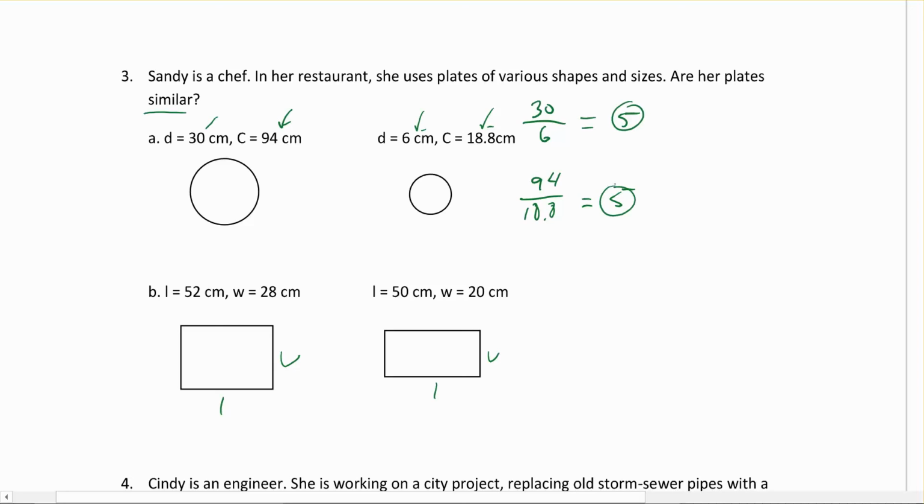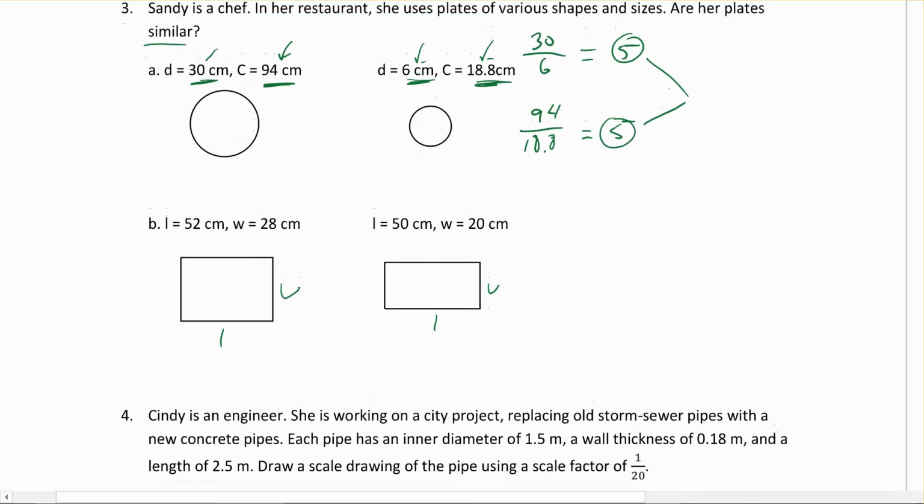And you might ask yourself, but what if I got that backwards? What if I went 6 divided by 30 and 18 divided by 94? Well, that wouldn't matter. You could do that just as well too. The real thing here is whether these two numbers are the same. So they would be different numbers, but they would be the same number, right? It would be a decimal in that case if you went the other way.